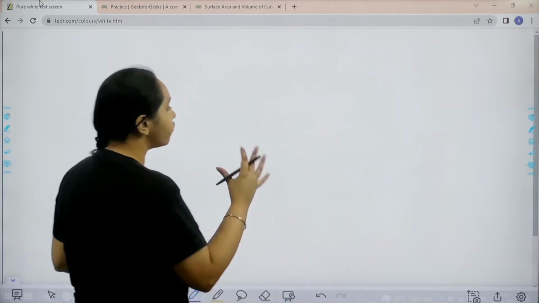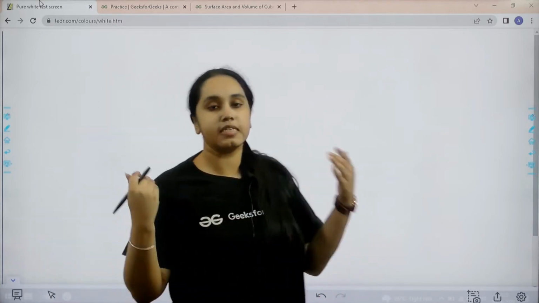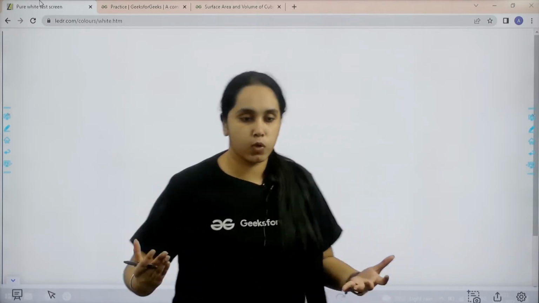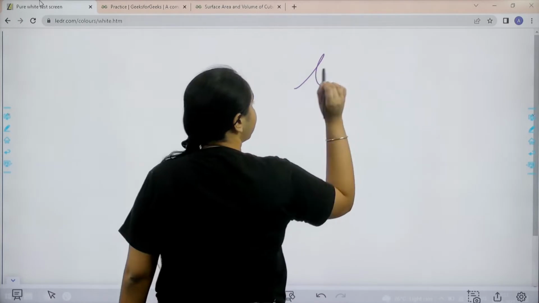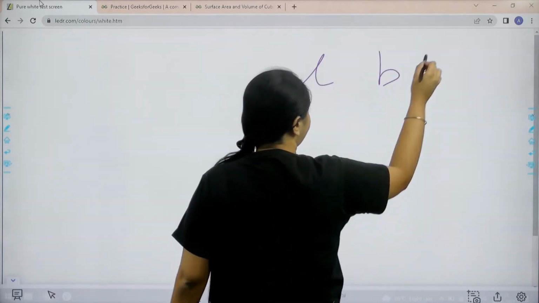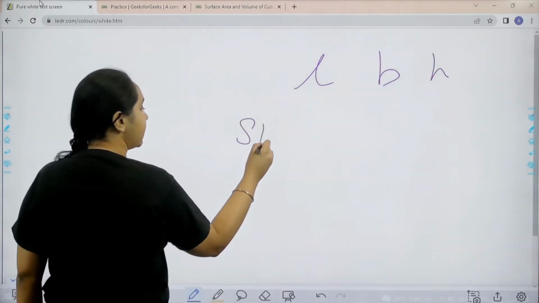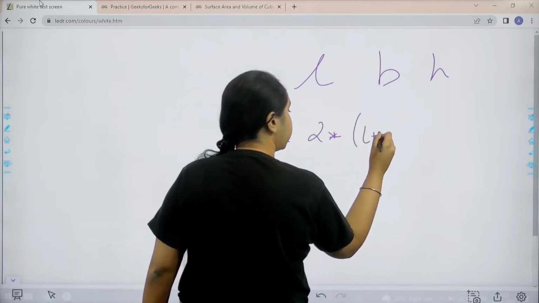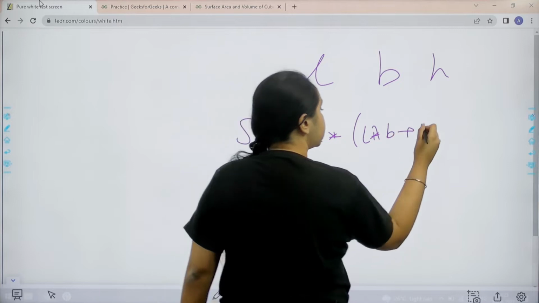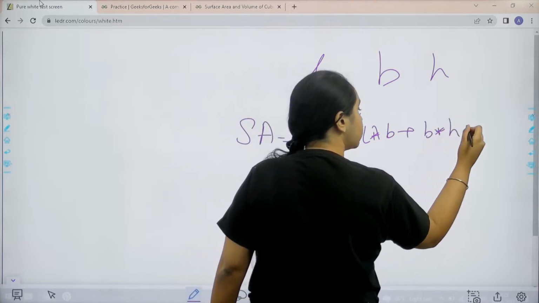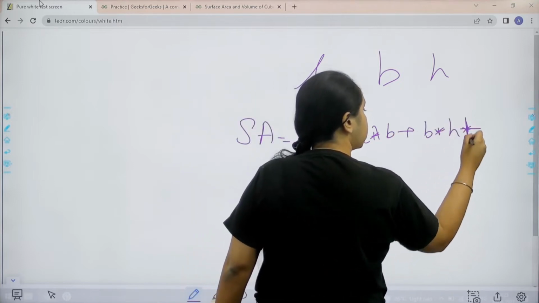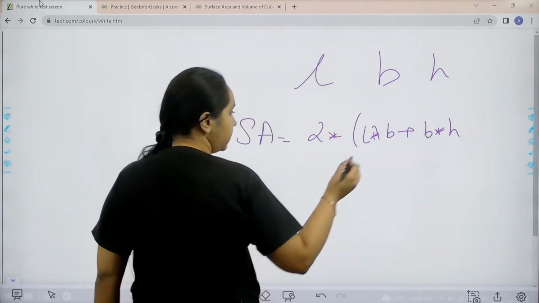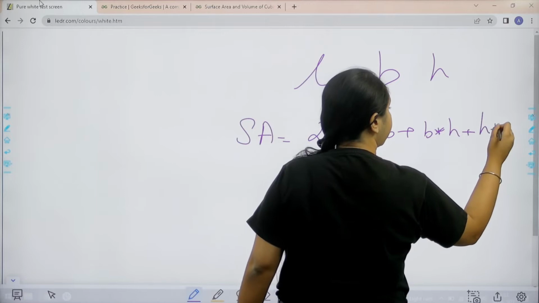If you know the formulas for calculating surface area and volume of a cuboid, then you can easily solve this question. We require three variables: length, breadth and height. Surface area, that is SA, is 2 multiply (L multiply B plus B multiply H plus H multiply L).